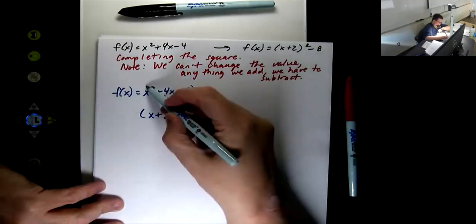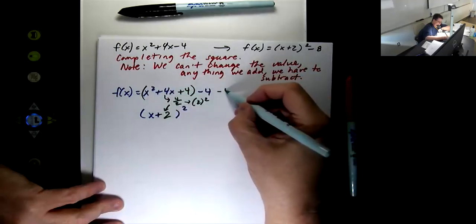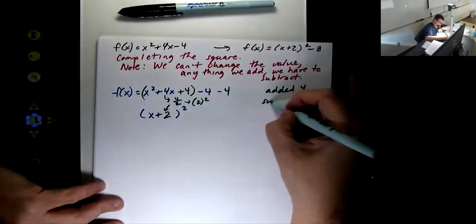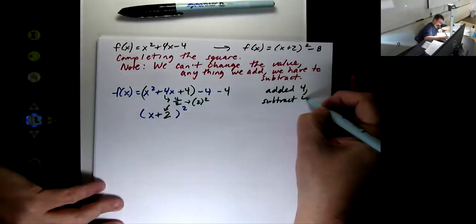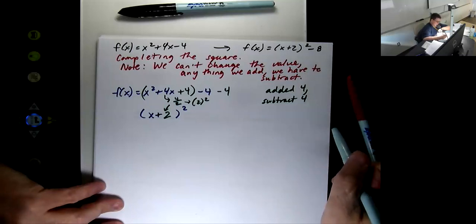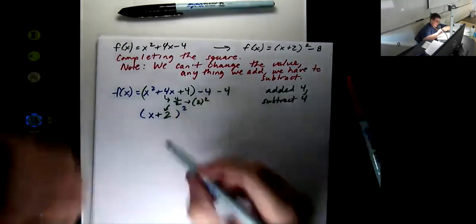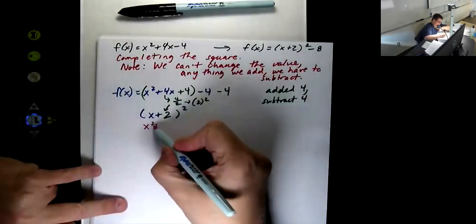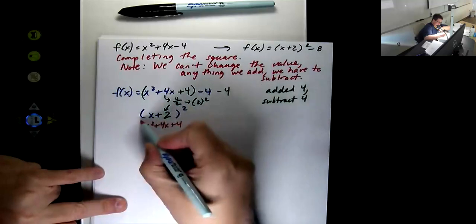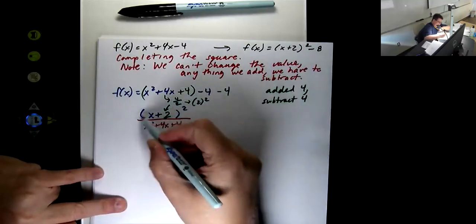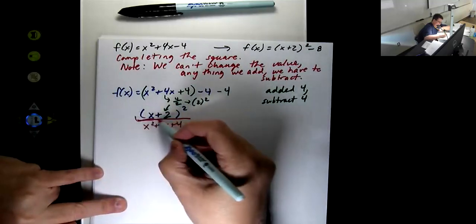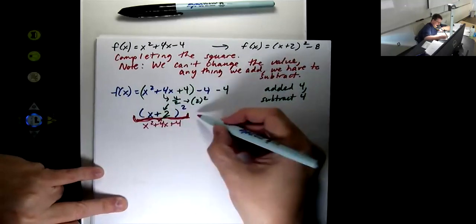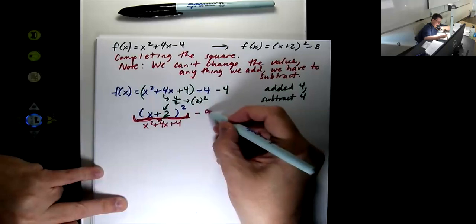So I added 4, I have to subtract 4 as well. So the x plus 2 squared is the x squared plus 4x plus 4. And then we have minus 8 left over.